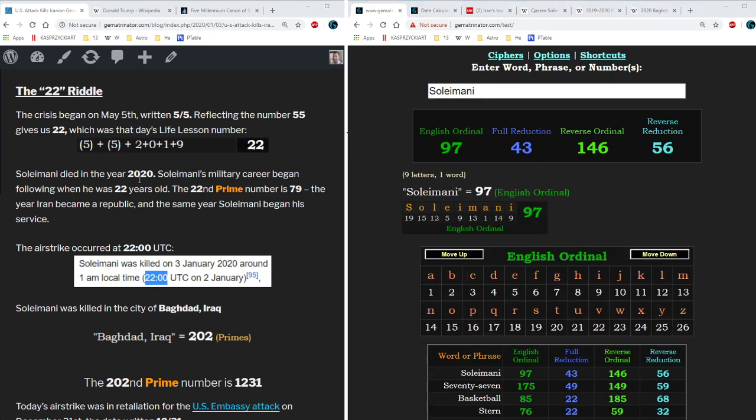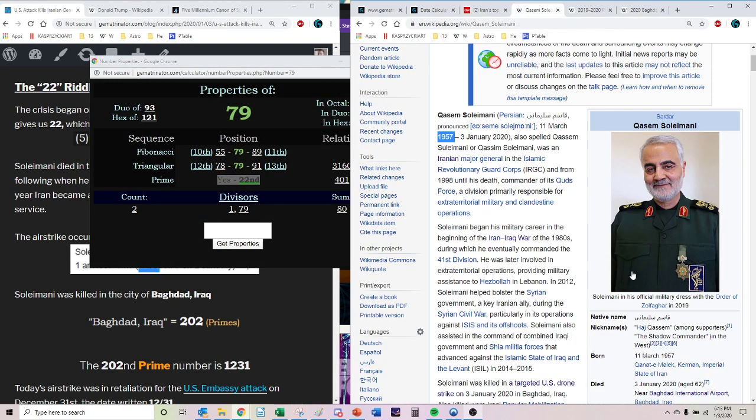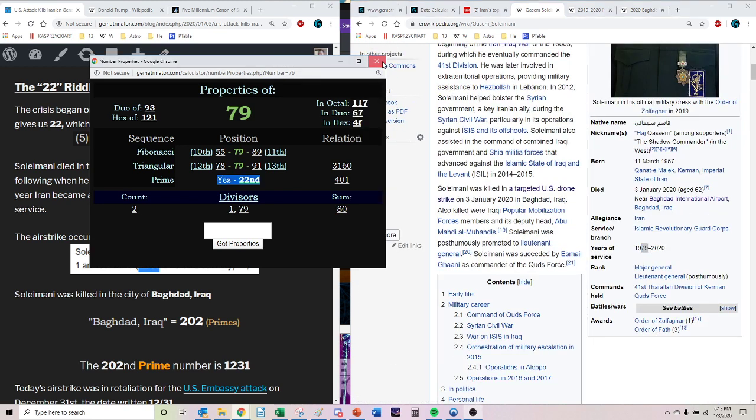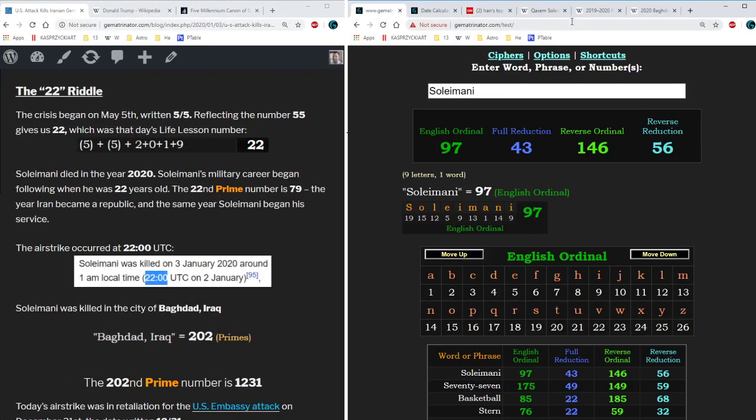The number 22, in fact, has a prime relation with the number 79. 79, the 22nd prime number, Soleimani beginning his service in the year 79 at the age of 22. The airstrike that killed Soleimani was carried out at 2200 International Time.